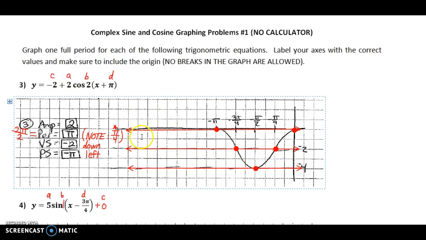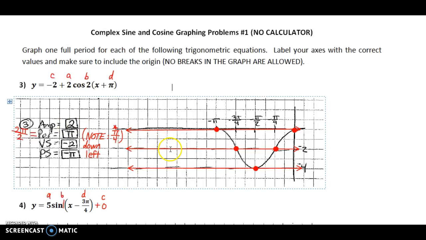And I really highlighted the midline and the upper and lower amplitudes with the red marker here so that you can see them. And where those came from, the first thing that you graph is the midline. So since the vertical shift is down 2, you get your dashed line going through y equals negative 2. And then from there, you make your upper and lower amplitudes.